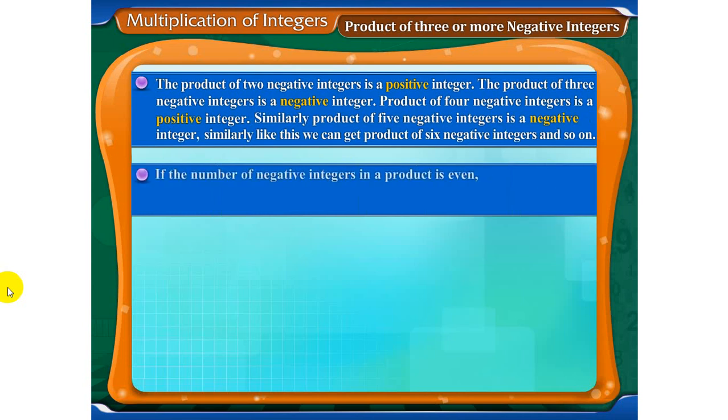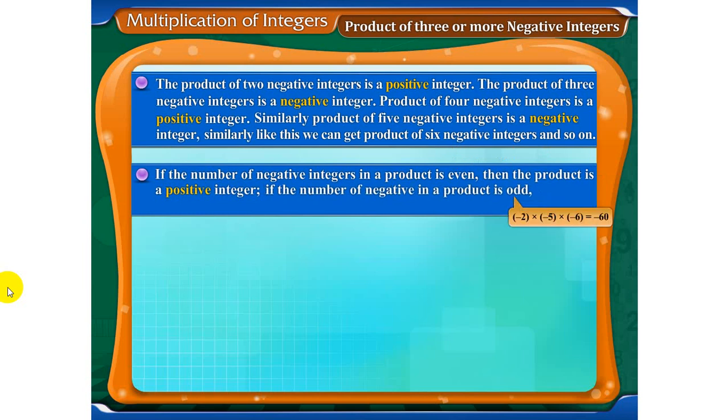We find that if the number of negative integers in a product is even, then the product is a positive integer. If the number of negative integers in a product is odd, then the product is a negative integer.